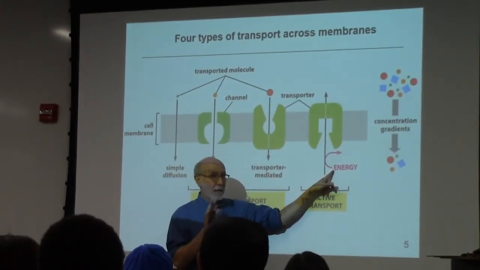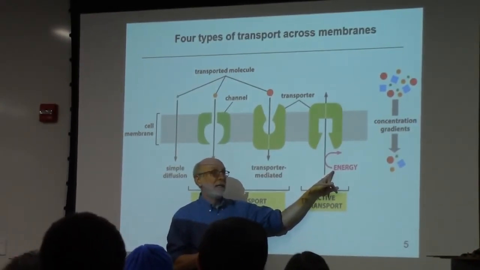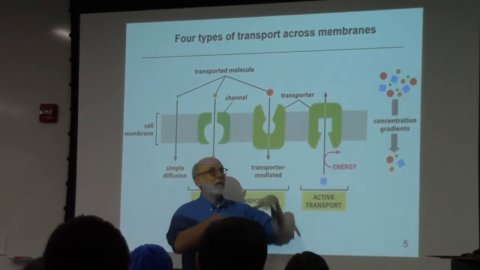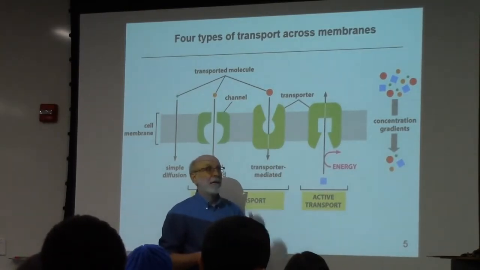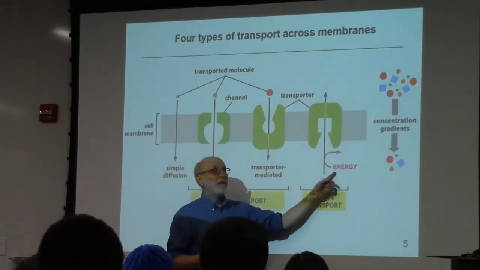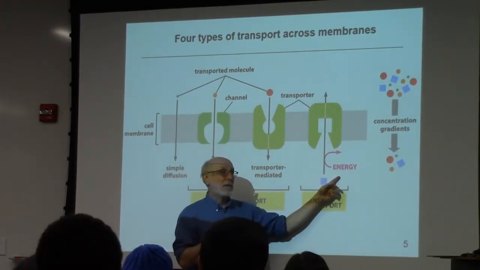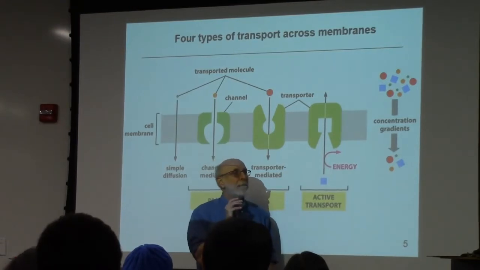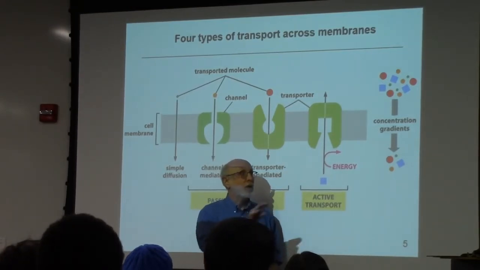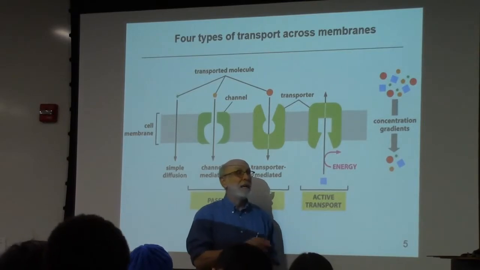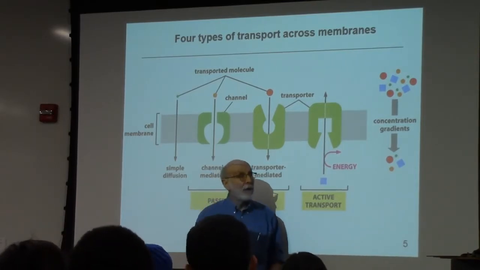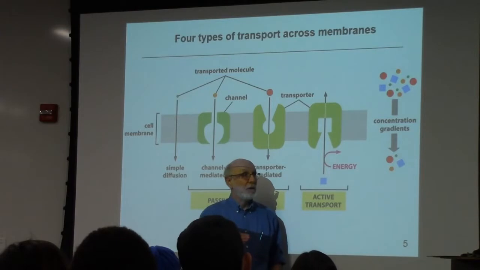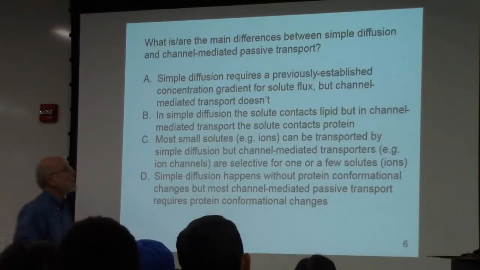The protein hydrolyzes ATP and converts that energy into conformational changes that pump ions. In secondary, the source of energy is another ion gradient. Let me come back to that after the break. You'll see, because we're going to use that concept in two different contexts that are very important for neurophysiology after the break.